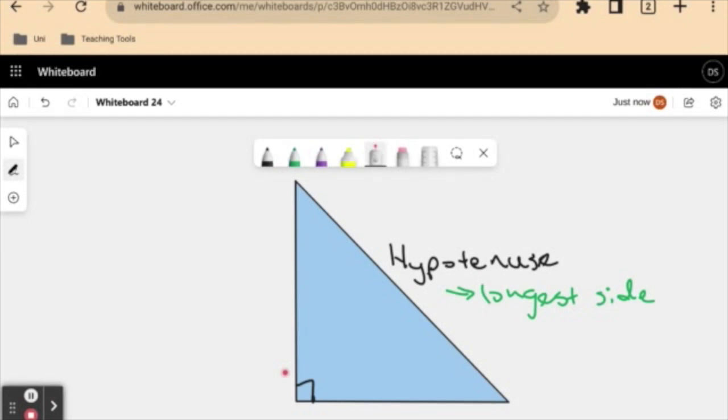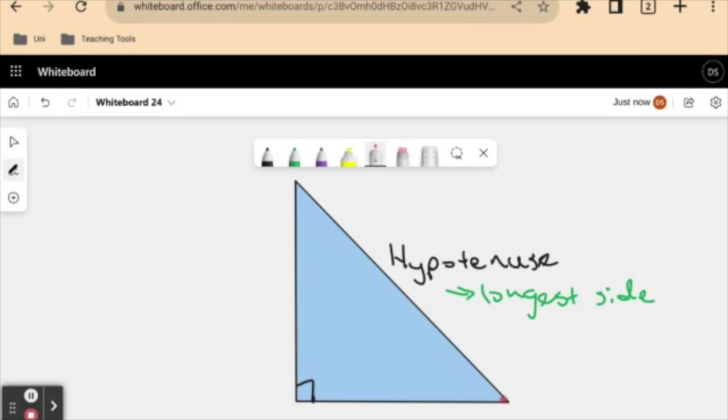Now, the way we talk about the other sides, I should say, because now we want to define this one and this one. The hypotenuse is constant because it's always going to be the longest side, or the side that is opposite to our right angle.